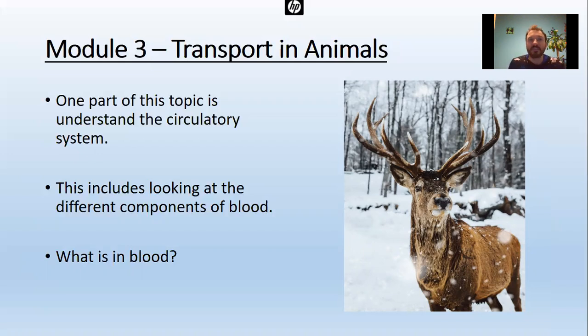So I just want you to think for a moment, what do you know about what different things you find in blood? So you might be able to think of some different cell types that you find within blood, but also some additional substances as well that you find in blood.